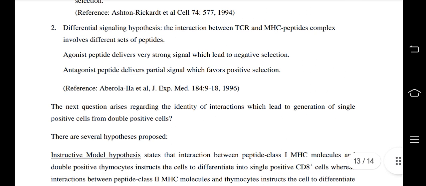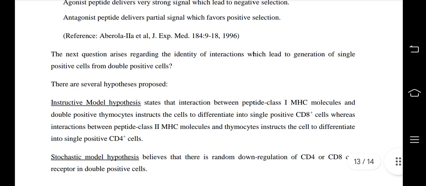The next question arises regarding the identity of the interaction which leads to generation of single positive cells from double positive cells. There are several hypotheses proposed. The instructive model hypothesis states that interaction between peptide class 1 MHC molecule and double positive thymocytes instructs the cells to differentiate into single positive CD8 plus cells, whereas interaction between peptide class 2 MHC molecules and thymocytes instructs the cells to differentiate into single positive CD4 plus cells.